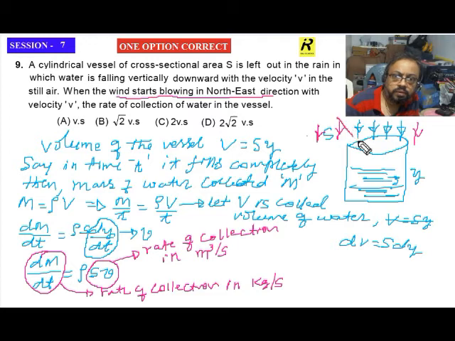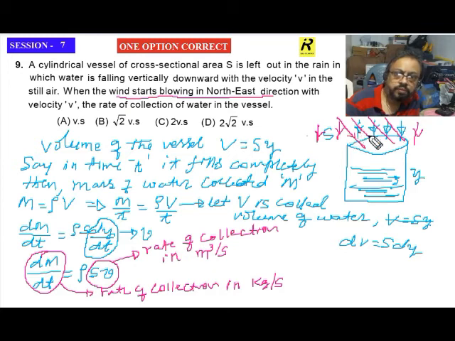So the amount of raindrops coming down remains the same, only their position is shifted.